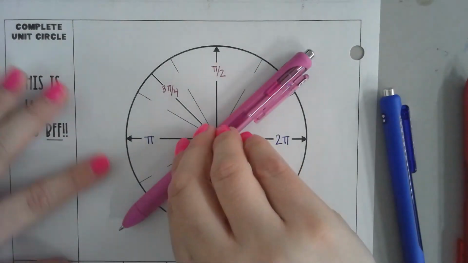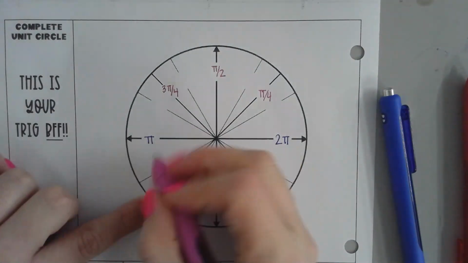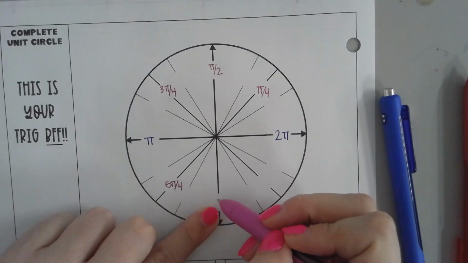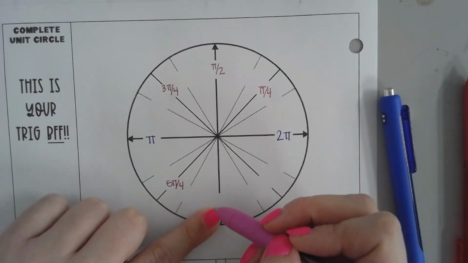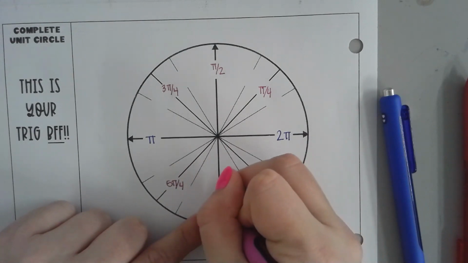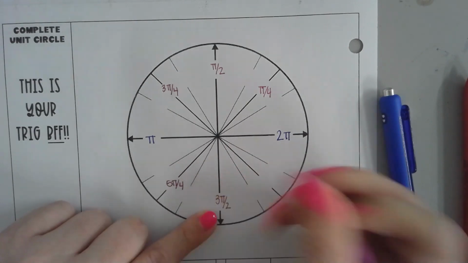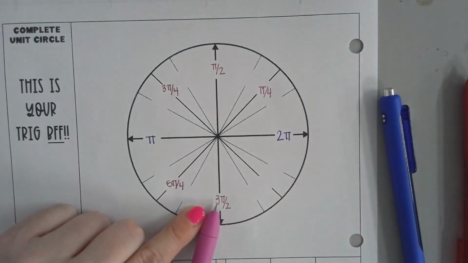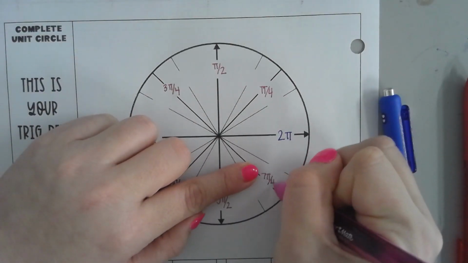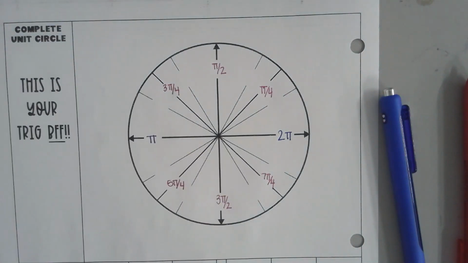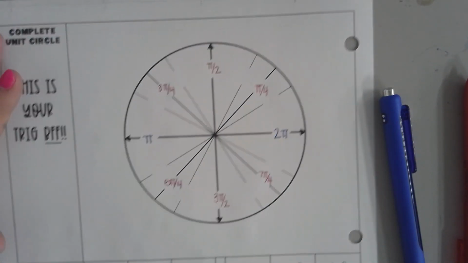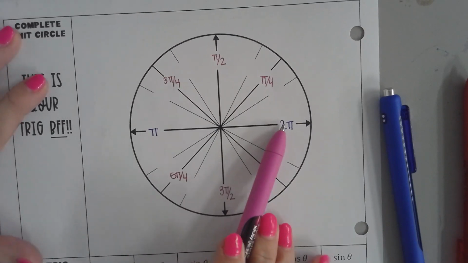This would be 5/4. So 5 pi over 4. 6/4. 6 over 4 simplifies to 3 over 2. And then 7/4. See, I just counted fourths. I counted 1/4, 2/4, 3/4, 4/4, 5/4, 6/4, 7/4, and then back up here would be 8/4.